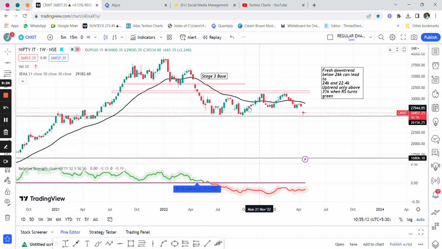The index is in a completely sideways zone, and it looks really bad here. I would not suggest you enter here or do an SIP. Wait for this trend to change and for the breakout to happen. Then only enter into this index.